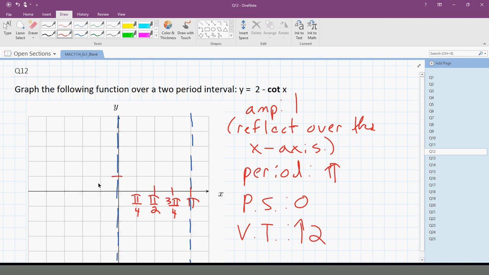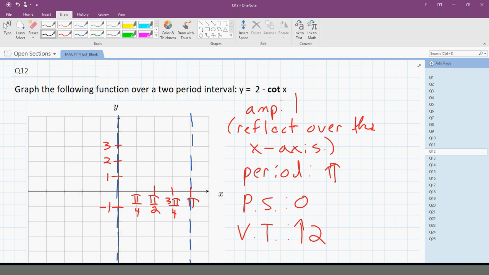So I'm just counting by ones. That's good enough. Cotangent originally starts where? Does it start at 1, 0, or negative 1? It originally starts at 1.